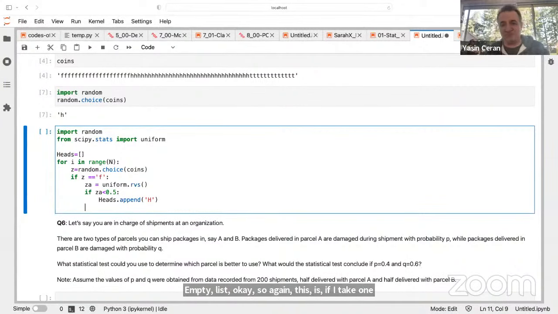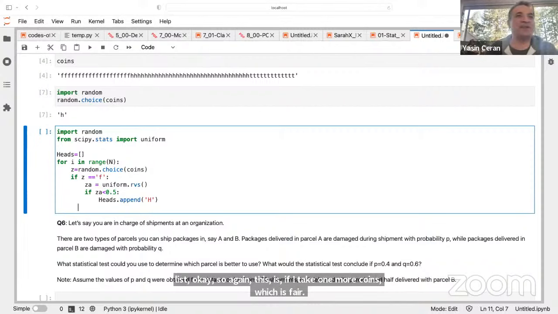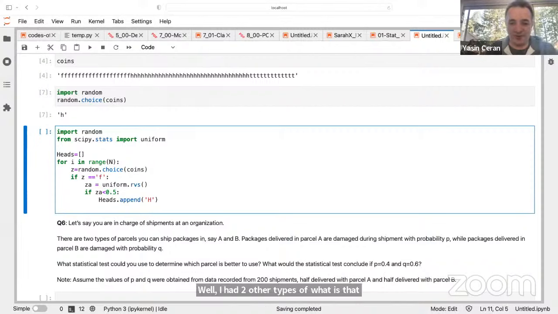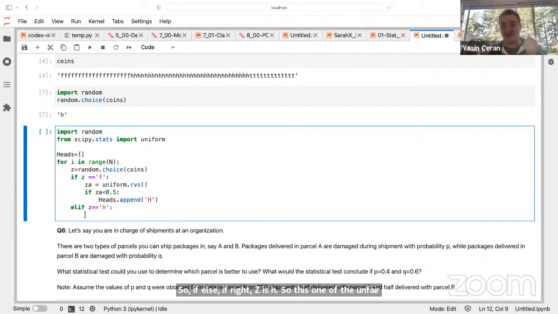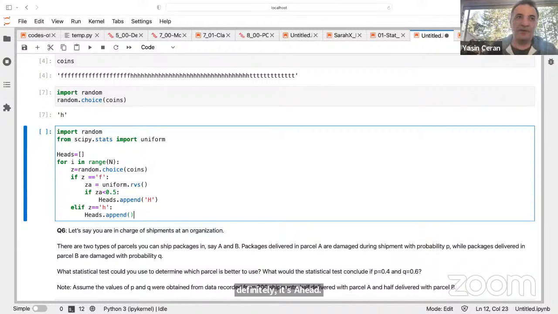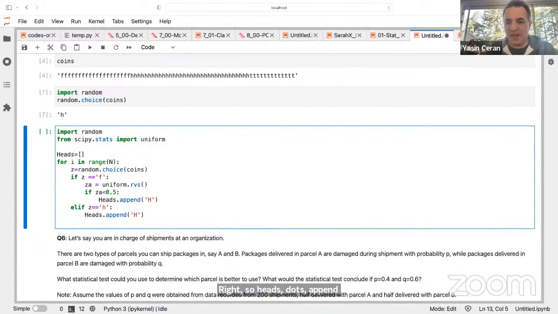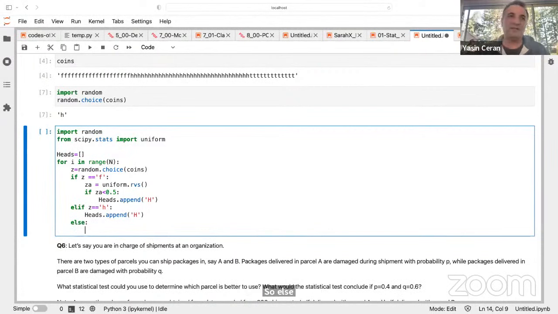I had two other types of coins, right? So else if Z is H, this is one of the unfair coins. I know that if I pick H, both sides are heads, so definitely it's a head. So heads.append(H). Now else, that means I am picking the unfair coin which has both tails.